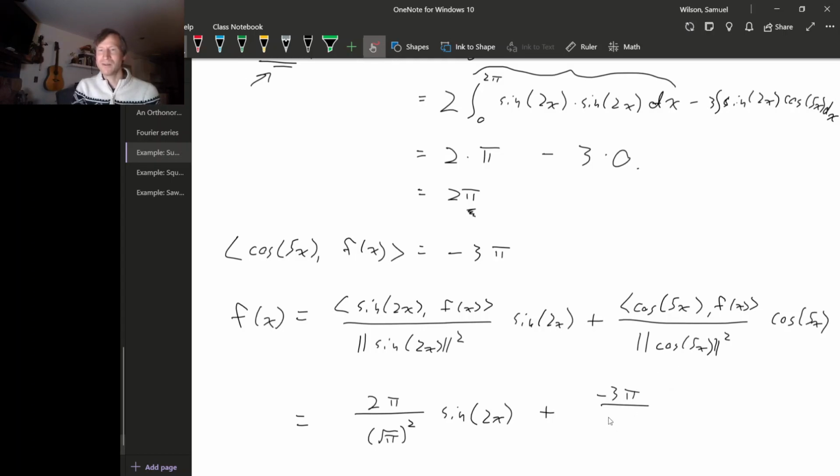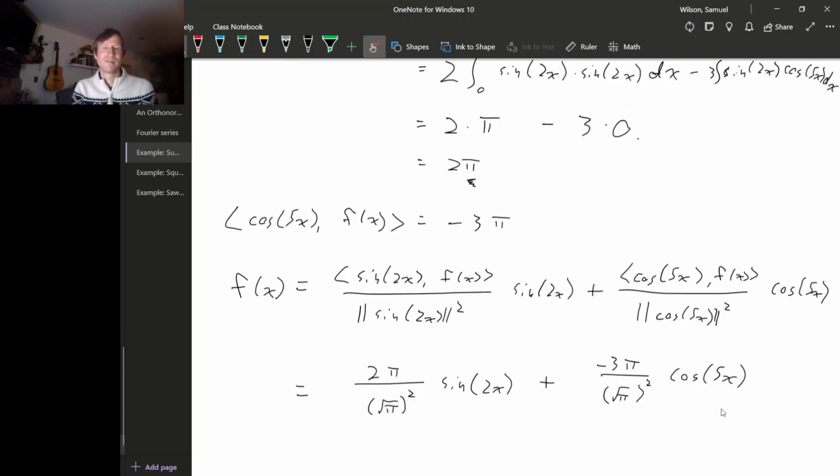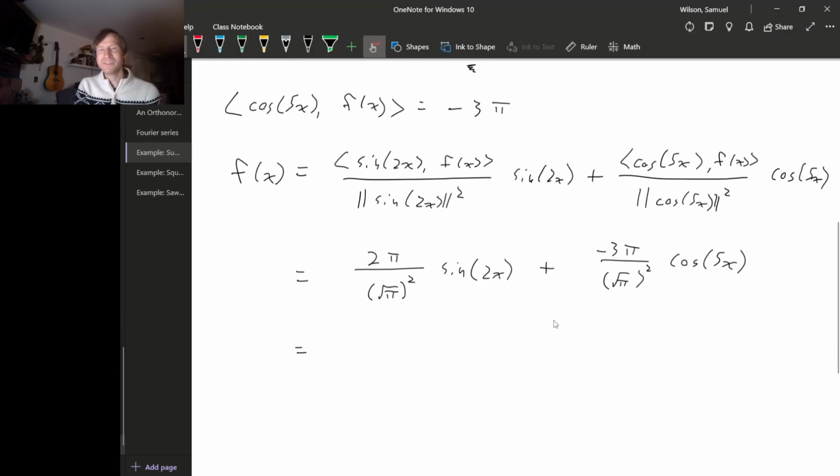And down here, again, the norm of cosine 5x is square root of pi again, times cosine 5x. And when we simplify all of this, of course, the pi's all simplify, so we get 2 sine 2x minus 3 times cosine 5x.